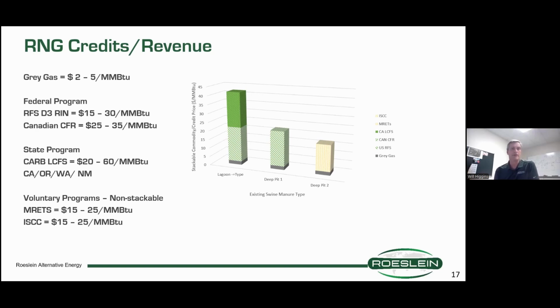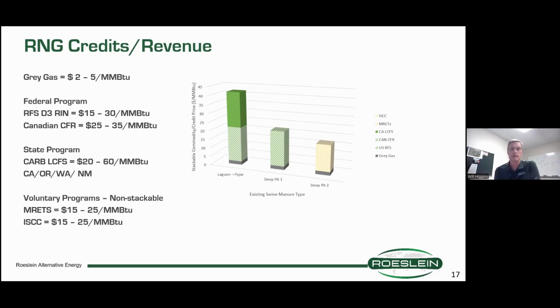And then if you don't qualify for some of those programs, you might look at a voluntary program. MRETS is one that's in the Midwest, and then there's ISCC, which is international. And this allows you to work one-on-one with a company that's trying to reduce their carbon footprint, say a Walmart or an Amazon or Google or someone that's trying to reduce their footprint.